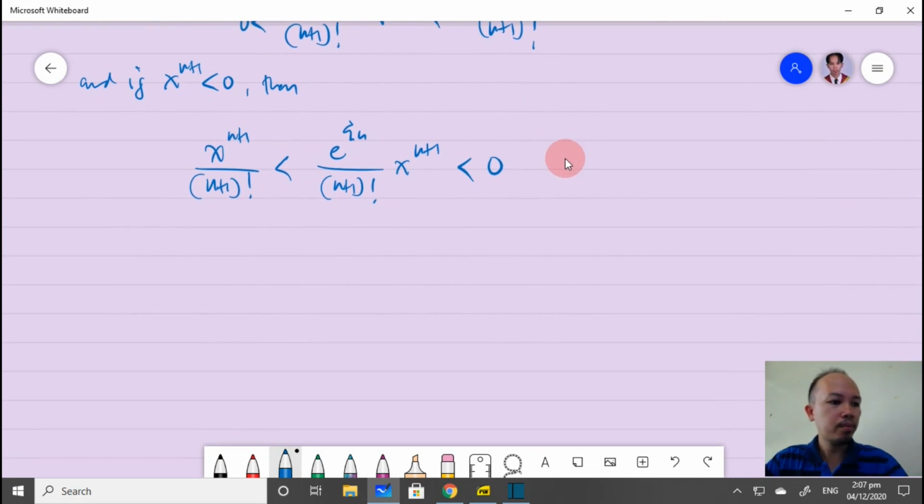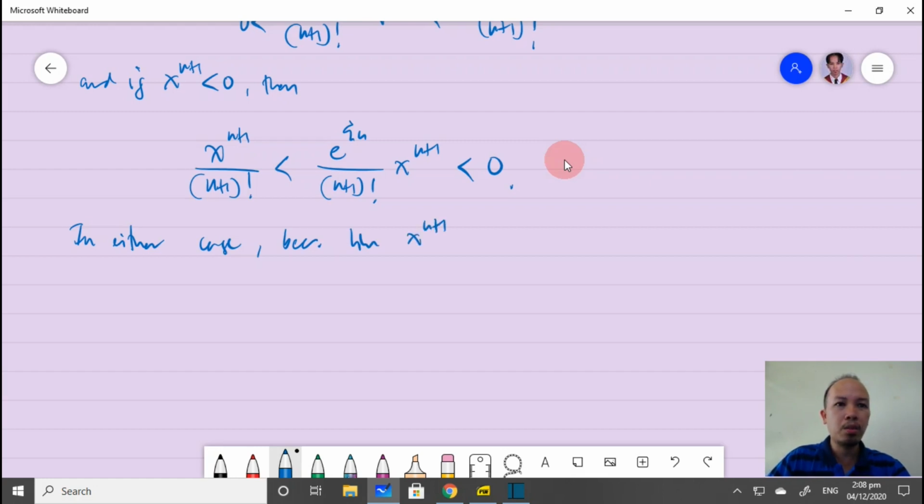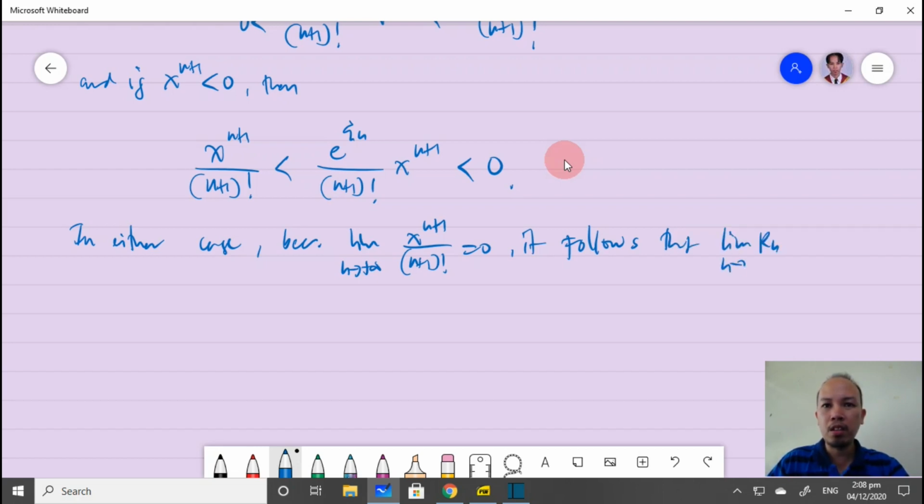Okay, so in either case, because the limit of x to the n plus 1 over n plus 1 factorial as n approaches positive infinity is 0, it follows that the limit of r sub n as n approaches positive infinity is 0.